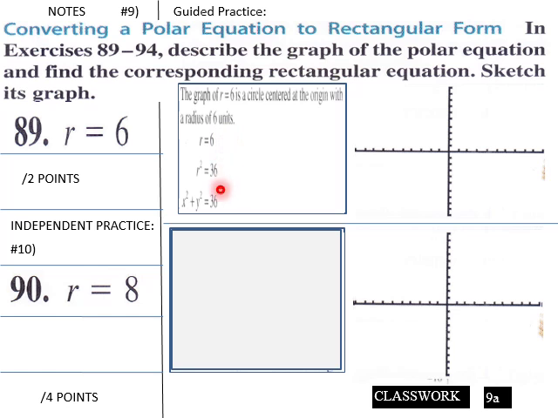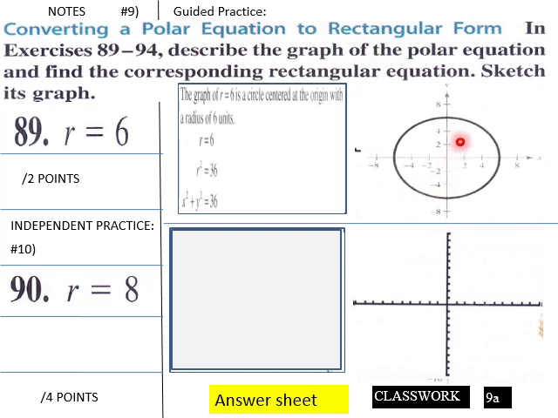So r equals 6, r squared equals 36, and then x squared plus y squared equals 36, okay? So how would that graph look? This would be a graph of r equals 6 right here. You have a radius of 6 in each direction.